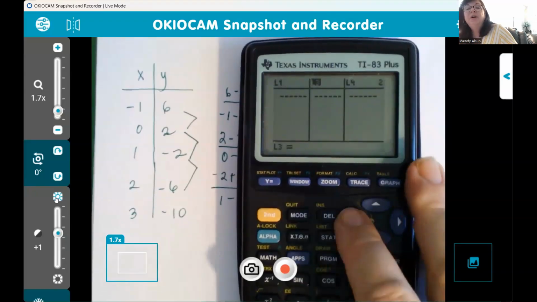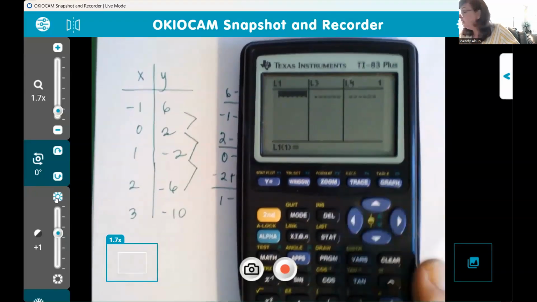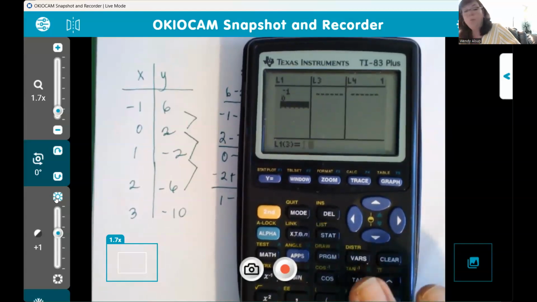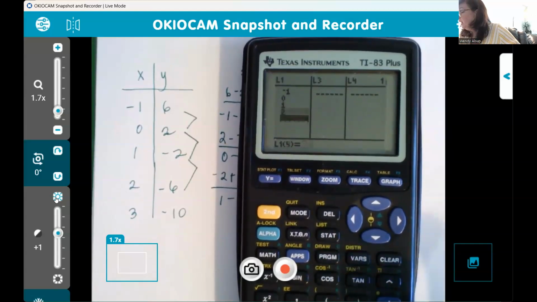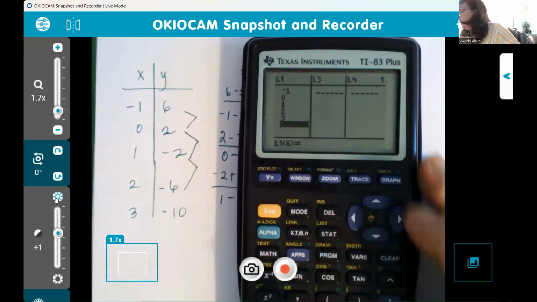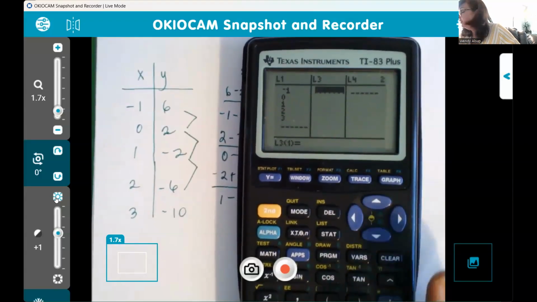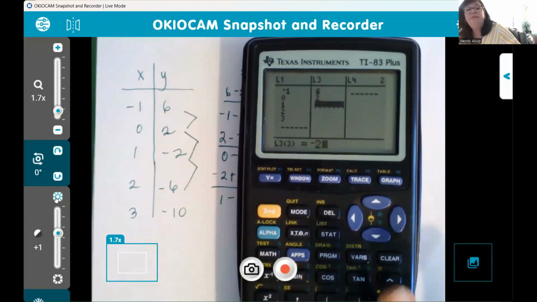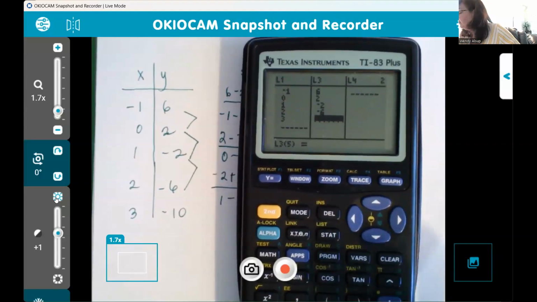Good. Now my x values are -1, 0, 1, 2, and 3, and my corresponding y values were 6, 2, -2, -6, and -10.